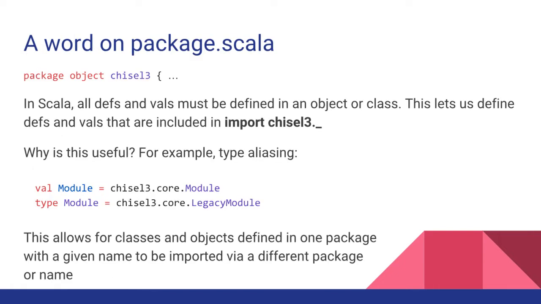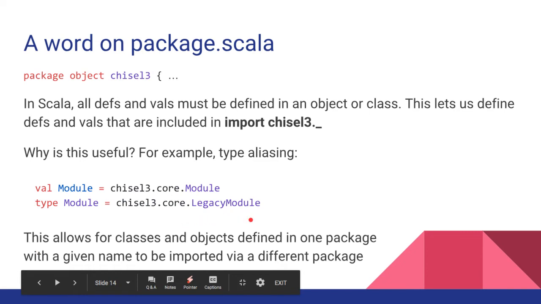So a word on package.scala. Why does this exist? In Scala, all defs and vals must be defined inside of an object or class. And so this lets us define all the defs and vals that are included in import chisel3._. Why is this useful? This lets us rename things. I actually don't know if this is still true, but it used to be in chisel3.core, the thing called LegacyModule is the thing that you instantiate when you refer to Module.